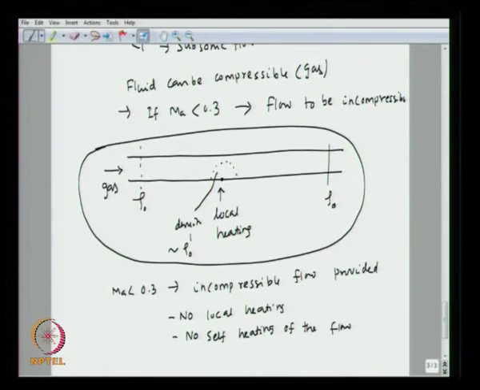Okay. So, that is the condition, even if the Mach number is less than 0.3 there should not be any local heating, there should not be any viscous heat generation.